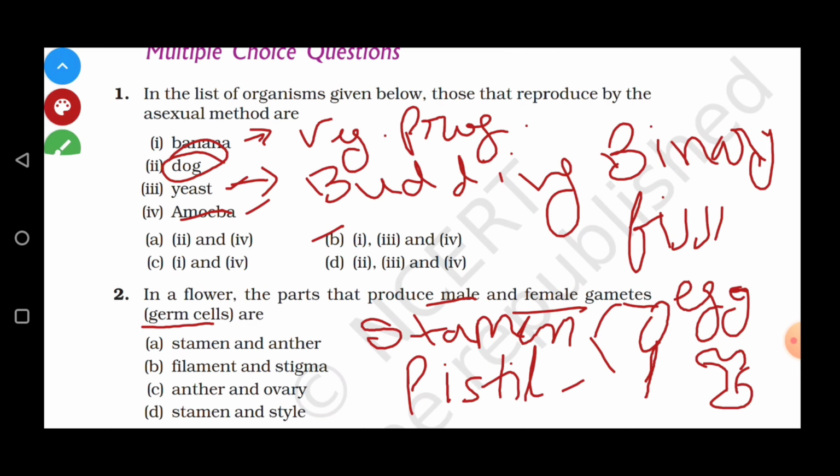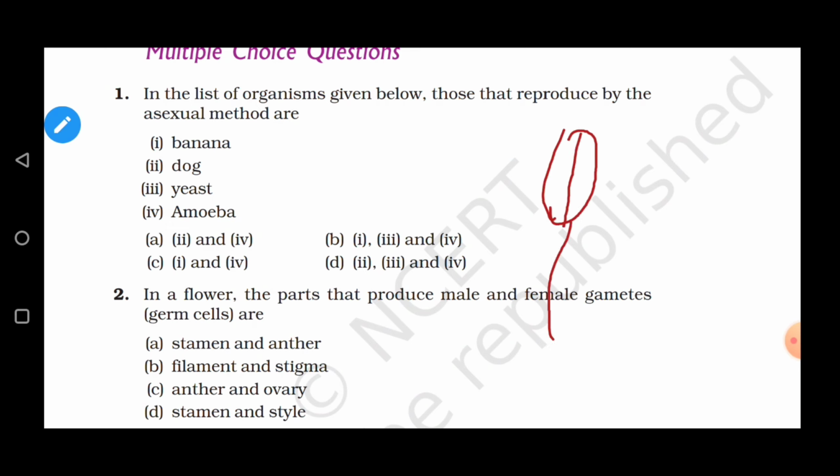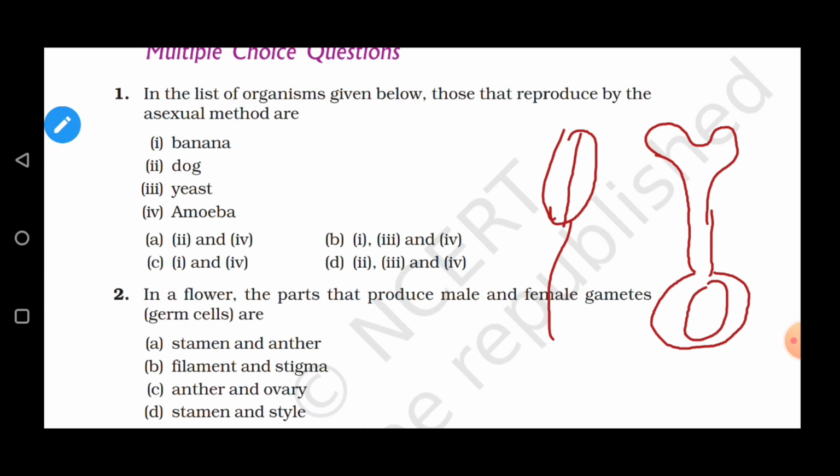So ये कुछ important parts हो गए हैं male and female reproductive system के. Anther has a bilobed structure, lower it has a filament, and the stigma, style and ovary are the parts of the female reproductive system where the embryo sac is formed, and inside the embryo sac the female gamete, the egg, is formed.